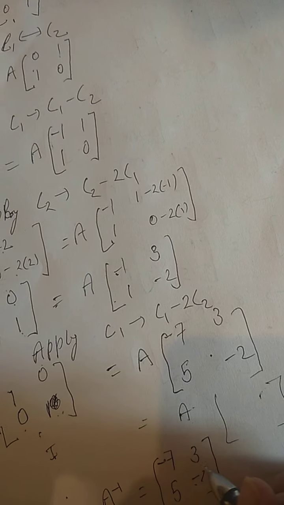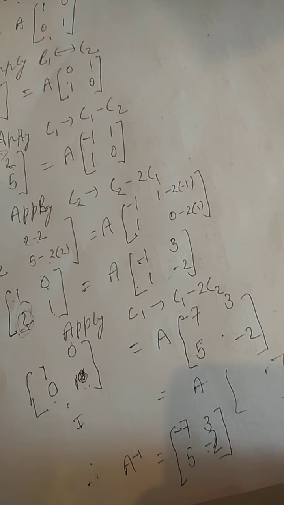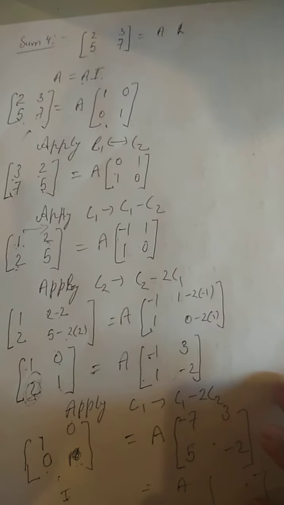It is minus 7, then 3, then 5 and minus 2. Right? This will be our inverse of the given matrix A.